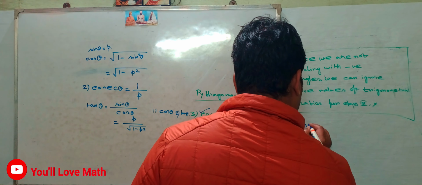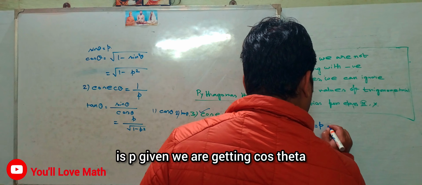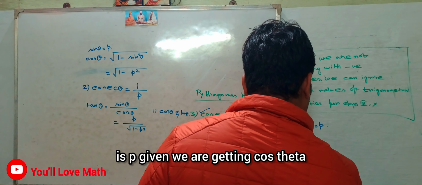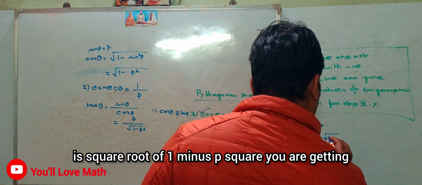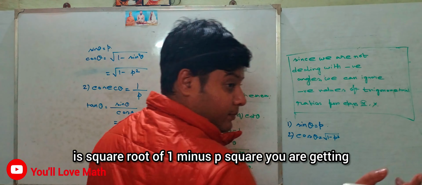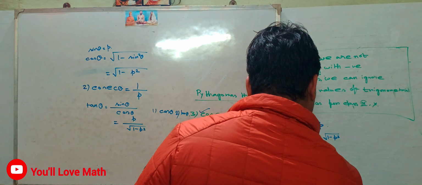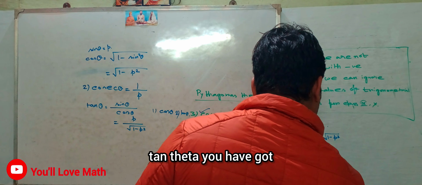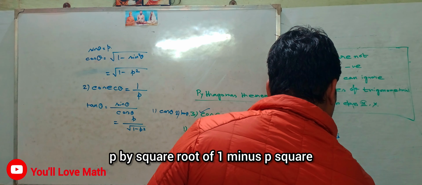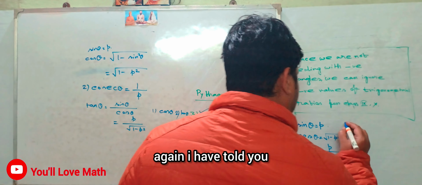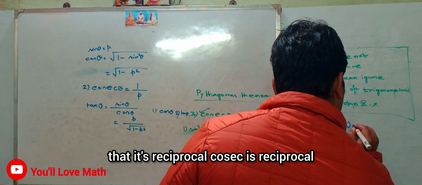Sine theta is p, given. We are getting cos theta is square root of 1 minus p square. Third, tan theta you have got p by square root of 1 minus p square. Again I have told you that it's reciprocal.